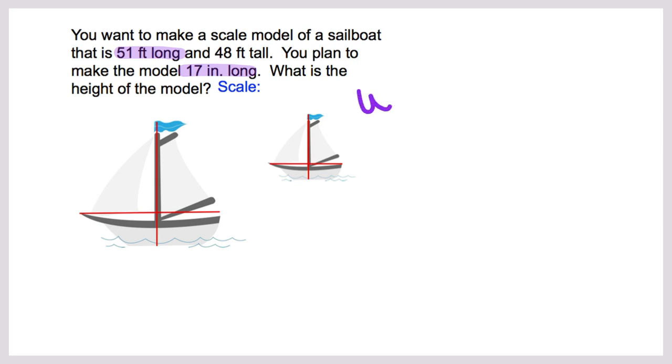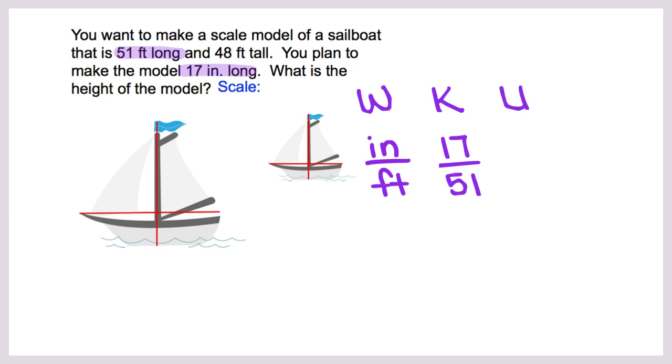So when we do our words, we're going to have inches and feet. What's our known relationship here on inches to feet? 17 and 51. Very good. The unknown is when that 48 feet tall comes in. Where will that 48 go? On the bottom with the feet. And you're going to find out how tall the model is.